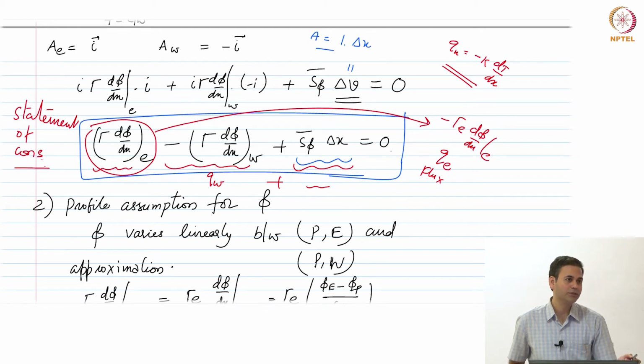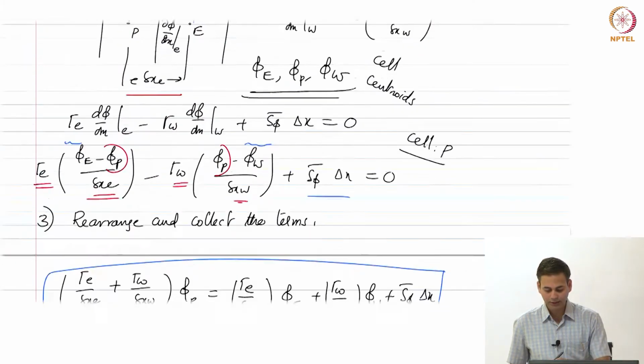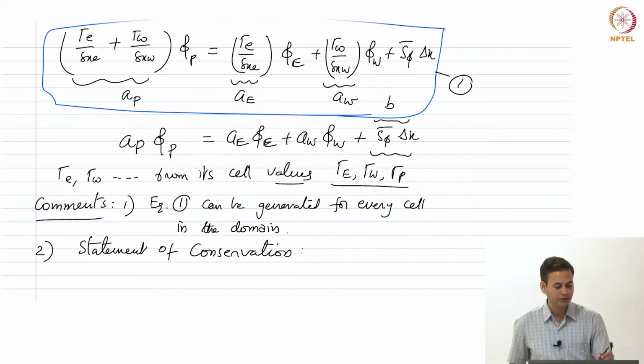Of course, this is not new, we have done this before, where in general we said if we integrate the governing equation we are going to get a statement of conservation, but here we are looking at it from a 1D perspective. Because we have integrated it on a control volume, we ended up with the statement of conservation. And this statement of conservation with profile assumptions, we have arrived at this linear equation. This equation is a manifestation of the statement of conservation in a linear algebraic form.